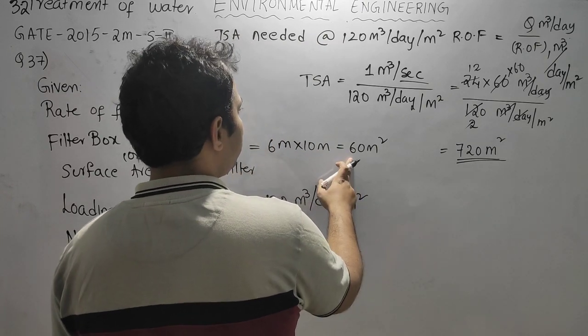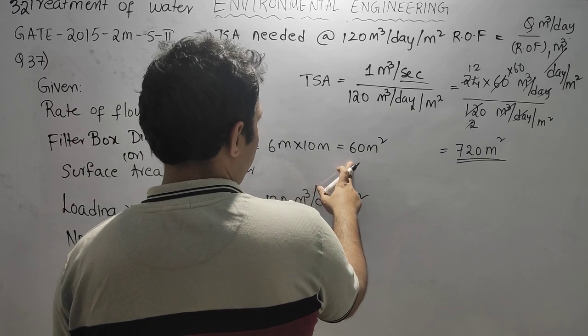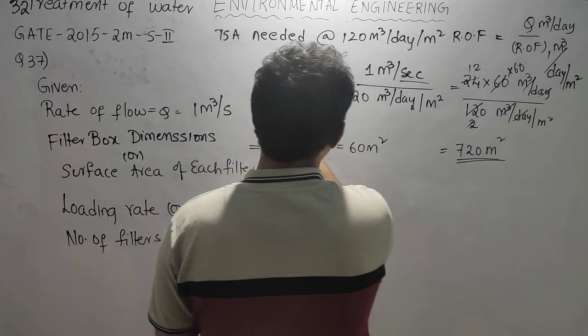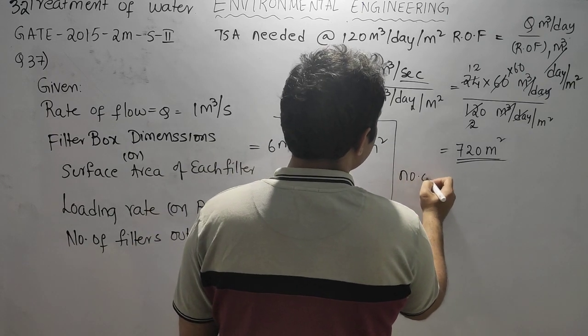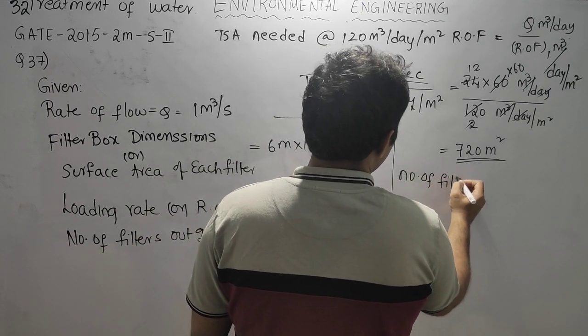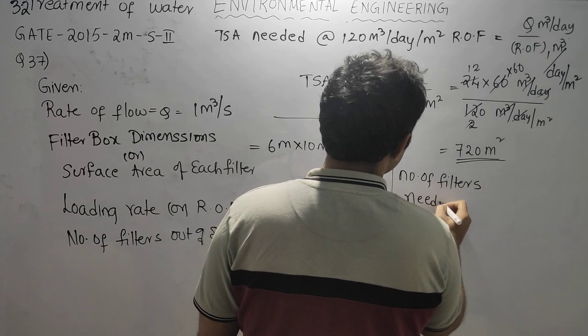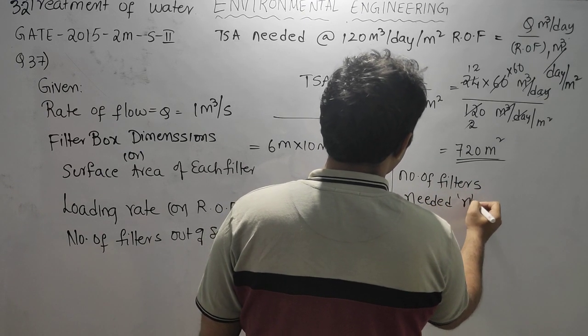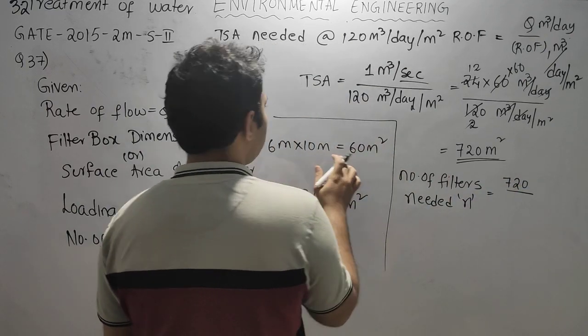Each filter is having 60 meter square surface area. So number of filters needed, N, is equal to 720 by 60.